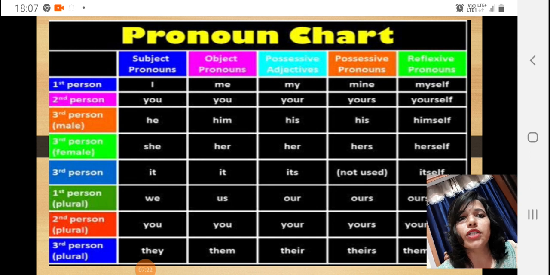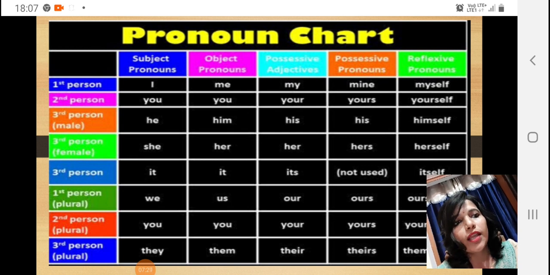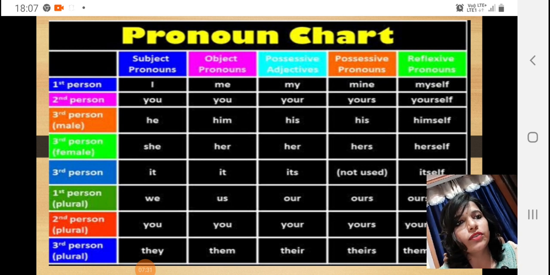Okay, so this chart is very important once you are studying pronouns. So prepare it accordingly. Pause the video, make it a chart, and learn it by heart, because there is no other substitute. You have to memorize it.